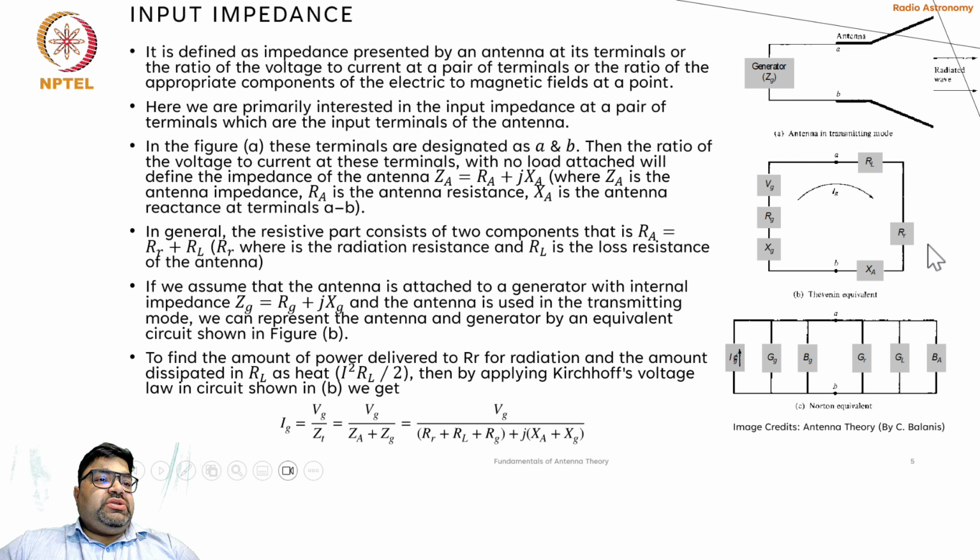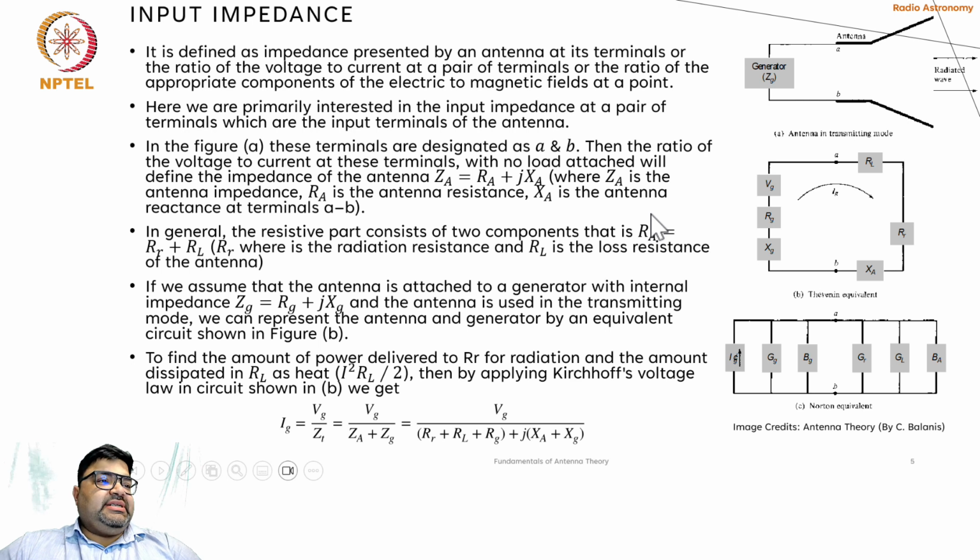So the antenna impedance can be broken up into R sub R and X sub A. There is an R sub L, which is another load resistance. So we can break this up into this format by following the Thevenin equivalent circuit.